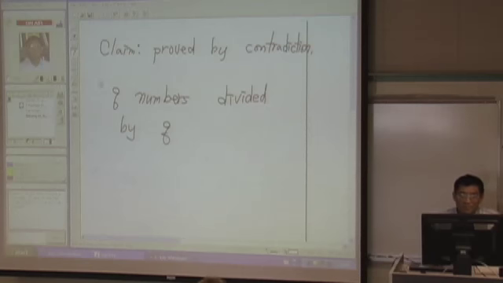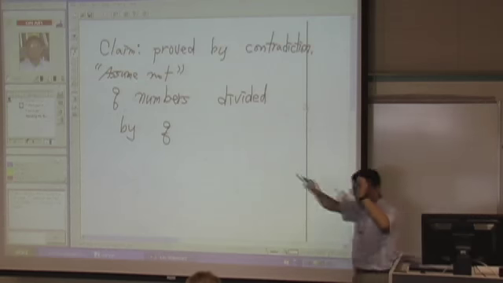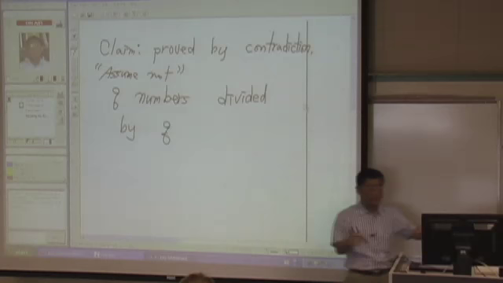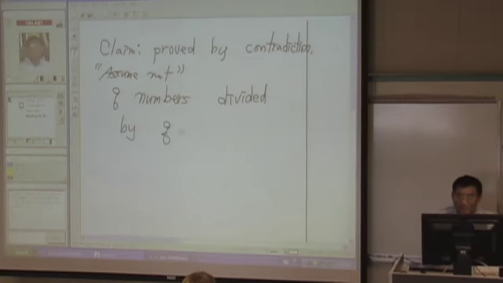So by contradiction, assume not. Assume not for the claim means q numbers, total, we have q integers divided by q have a pair sharing the same remainder.